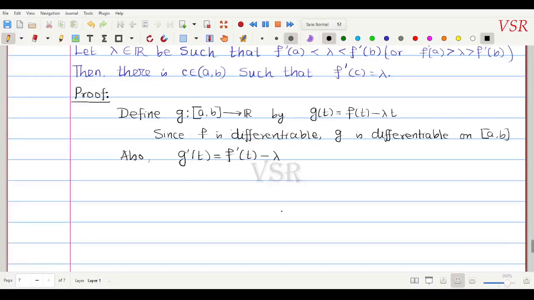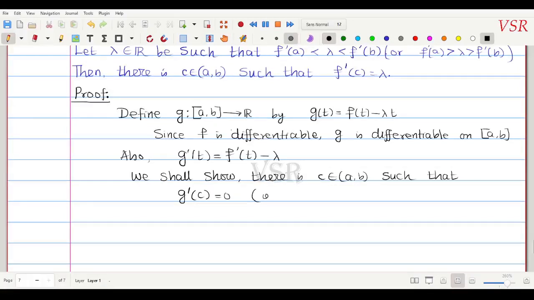Then we shall show that there exists C belonging to the open interval (a, b) such that g dash of C is equal to 0, that is, f dash of C is equal to lambda.